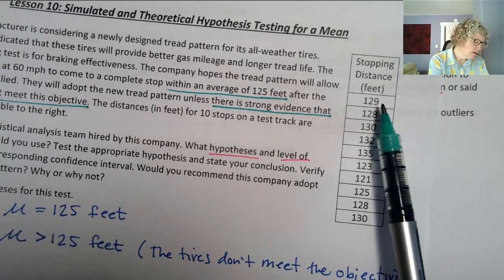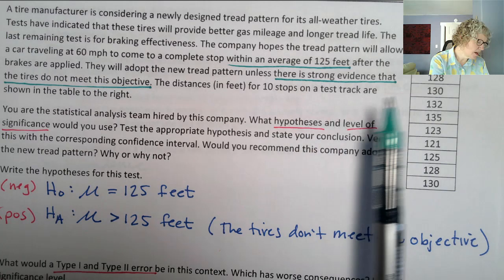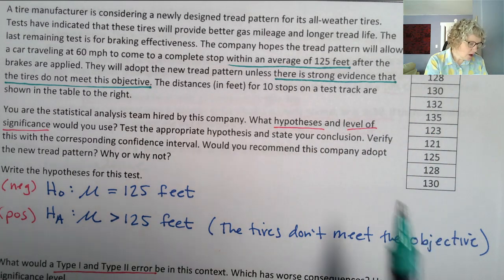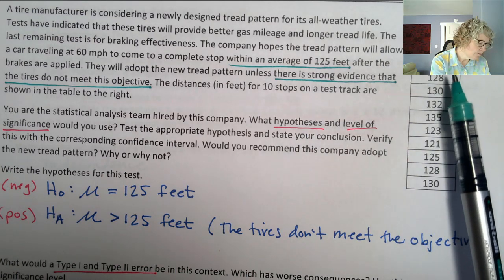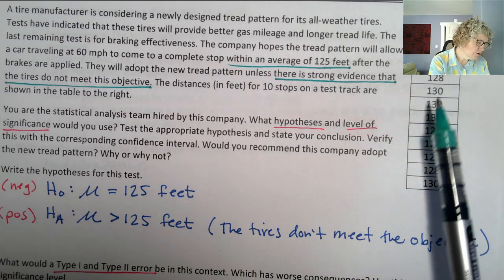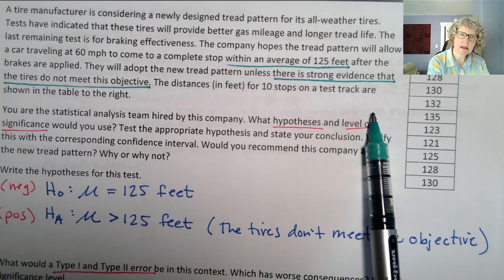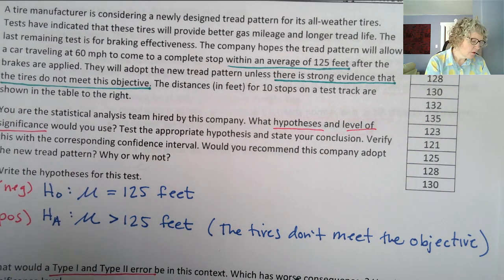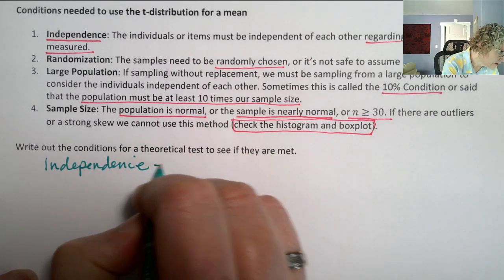So essentially there are some different trials here, right? So they're testing these tires on a car or on multiple cars, and they are measuring the stopping distance. 10 stops on a test track. Okay, so these are individual trials, right? So I'm going to call them the stopping trials.